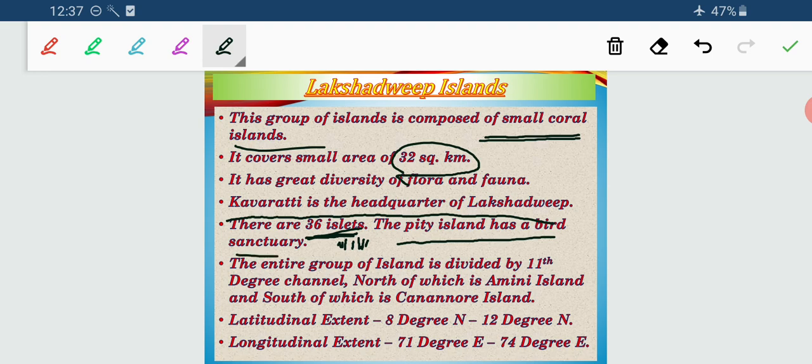Now, Lakshadweep has numerous small scattered islands, like Amindivi, Minicoy, Kannur island, and Lakshadweep island.